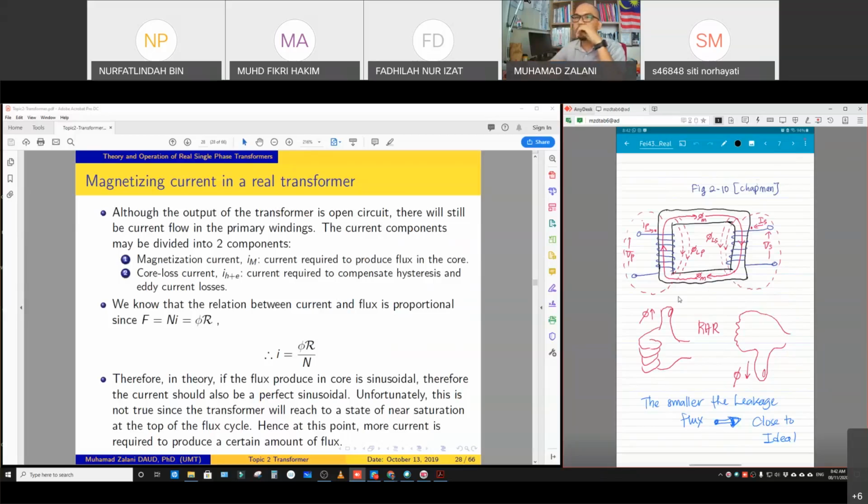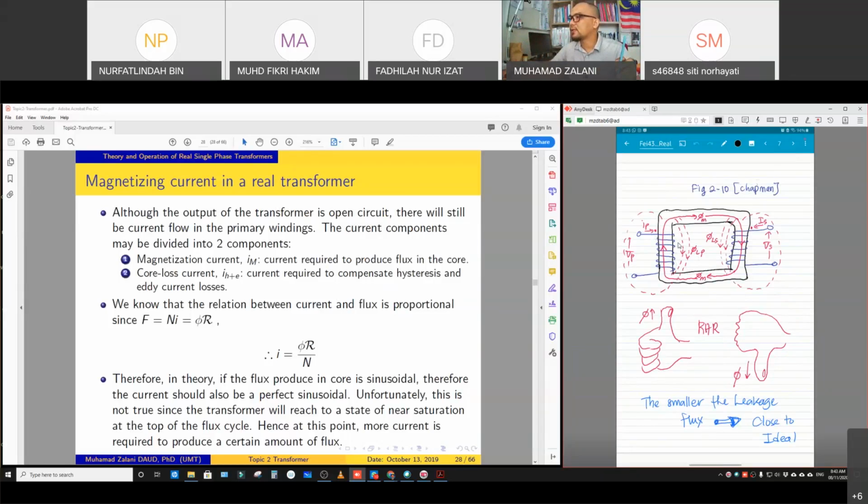In my lecture notes, as you can see, I have drawn another figure that shows this clearly. Before we move on to discussing the current in the real transformer, just a little explanation about this figure. This is the figure that I have adopted from Chapman's book, and I have redrawn it.